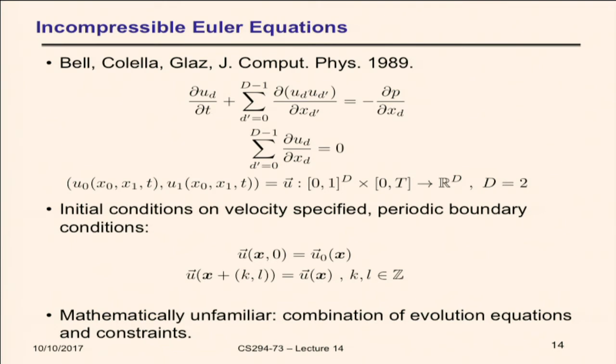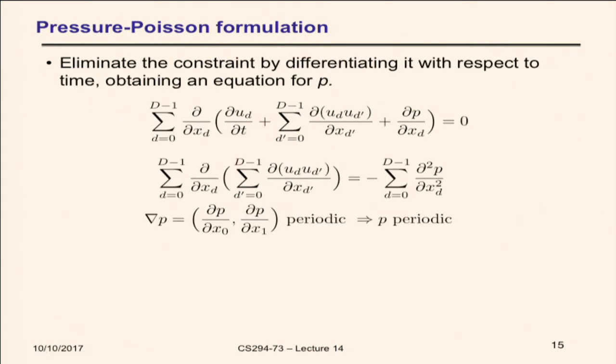I'll just mention that this is slightly mathematically unfamiliar relative to what you might be used to in ordinary differential equations. It's a combination of evolution equations and constraints, so we have to do something that makes it look more familiar.